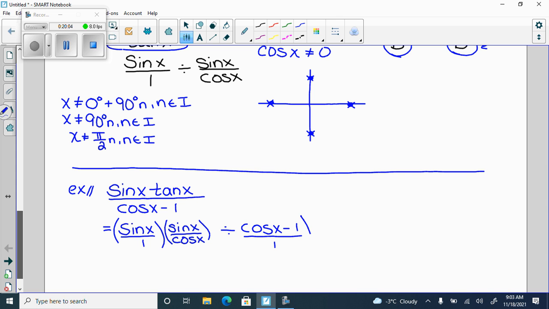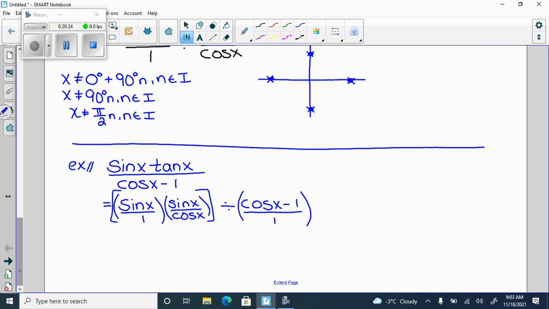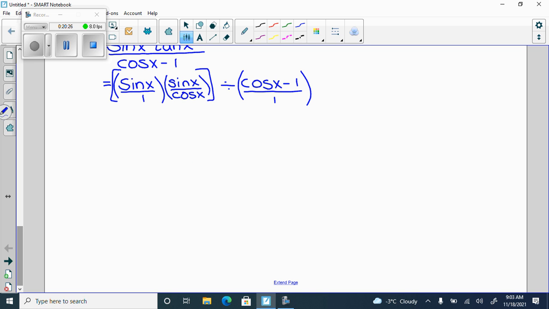No. So how I help myself out is I will put the numerator in its own bracket and the denominator in its own bracket, so that I know left is a numerator, right is a denominator. This is just the top, divided by this, which is just the bottom.